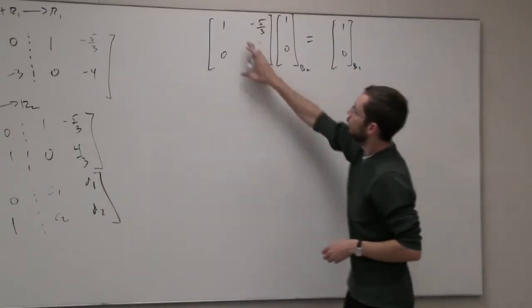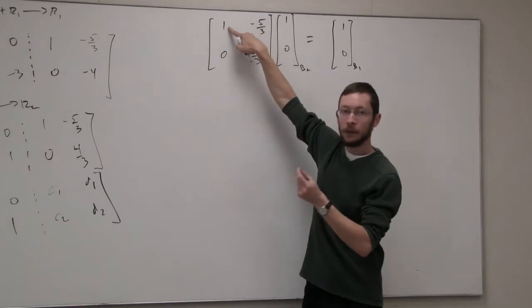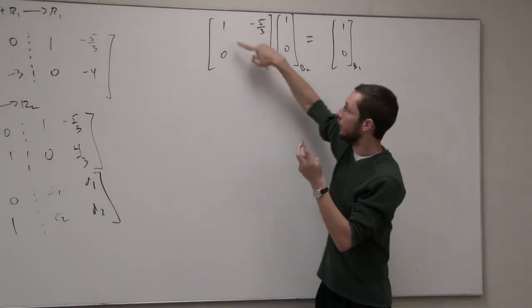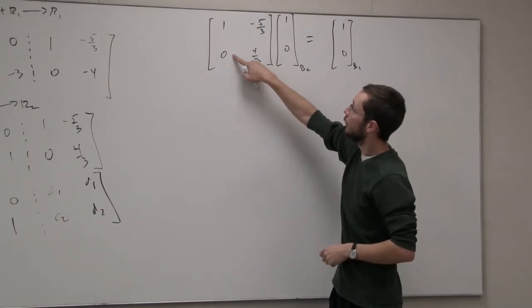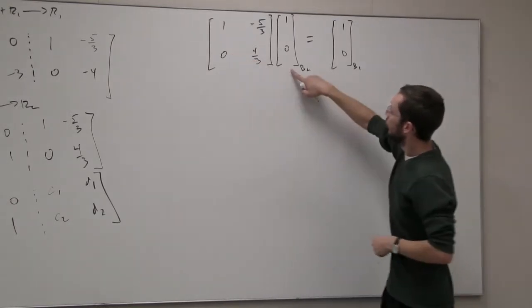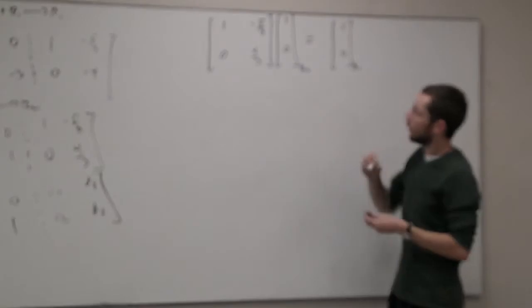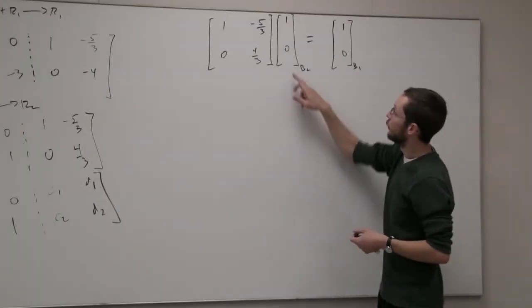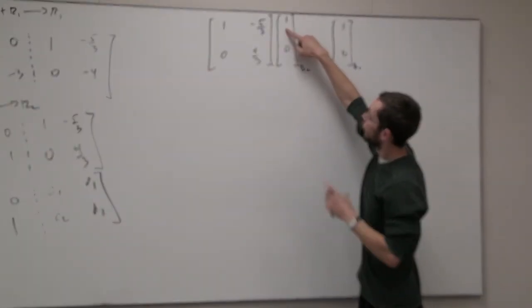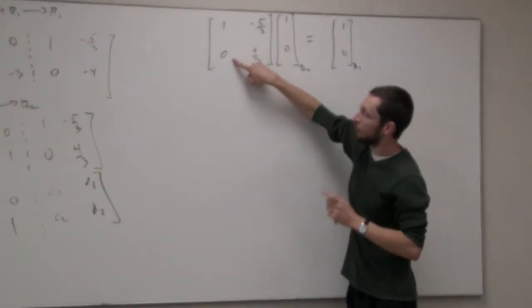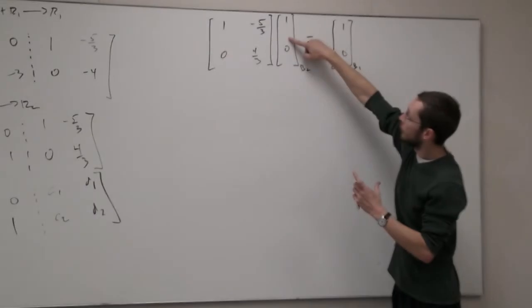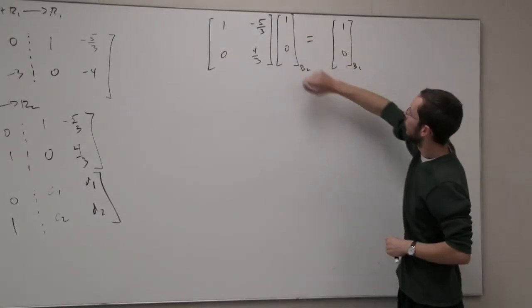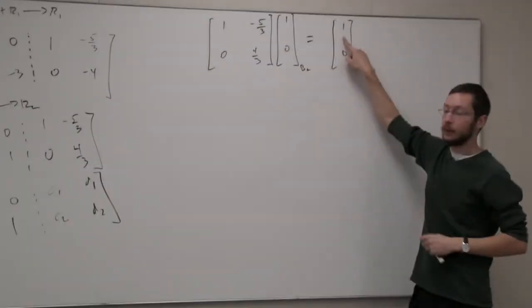Because this change of basis matrix said if you take 1 of the first basis vector and 0 of the second basis vector for the first basis, then that's how you can generate B2 in the second basis. So it re-expresses B2 in terms of the first basis. Okay, so this is the expression for the first vector in the second basis, expressed in terms of the vectors in the first basis.